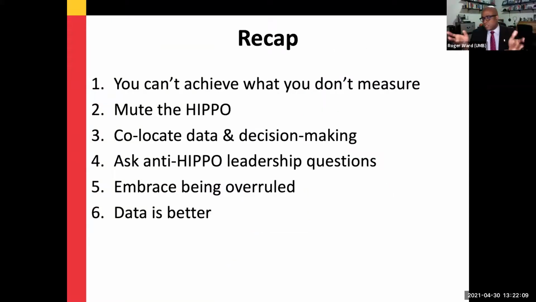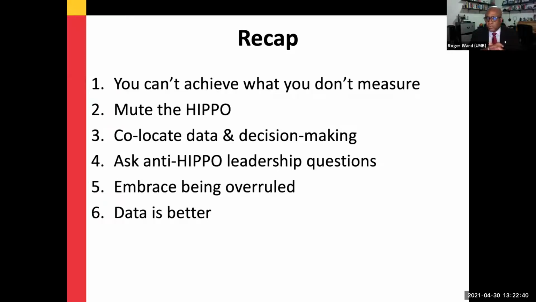So to recap, you can't achieve what you don't measure. And of course, we depend on our data science community to help us with that. We have to mute our hippos, our highest paid officials here at the university, and change the culture where people tend to defer to them on everything, even when the data might suggest something else.